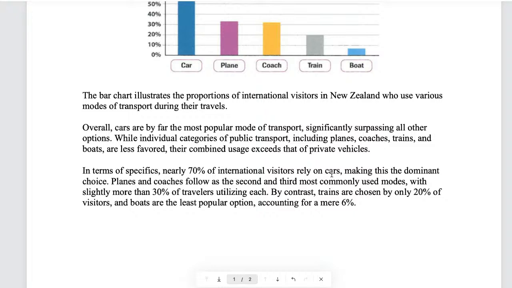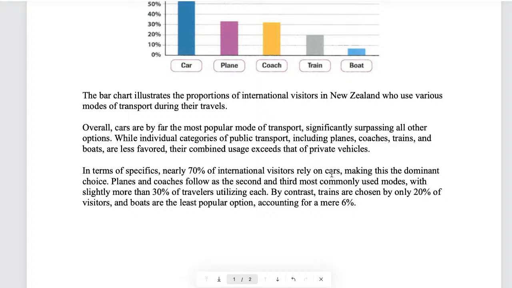Usage. Yeah, usage. That means use. Yes, it's just used, but you want to get a band 9, right? So this is for band 9. You don't write use, you say usage. Okay? Done?